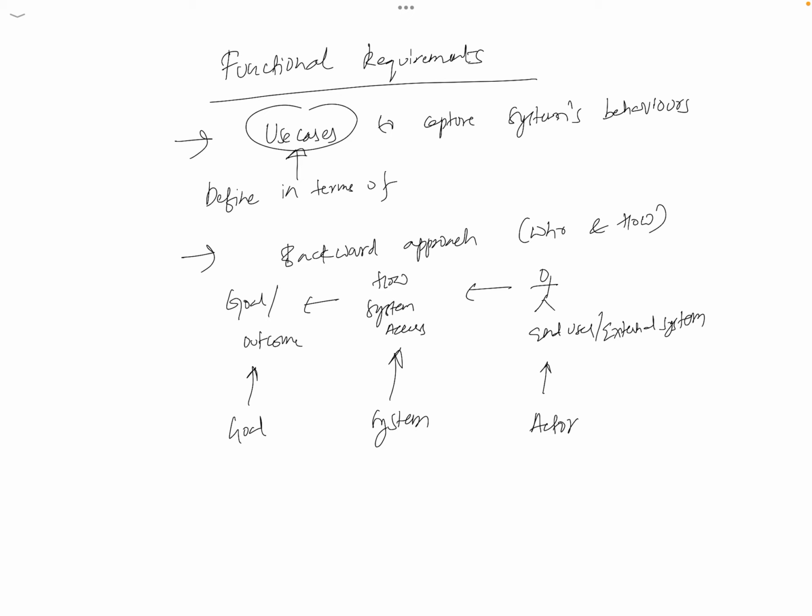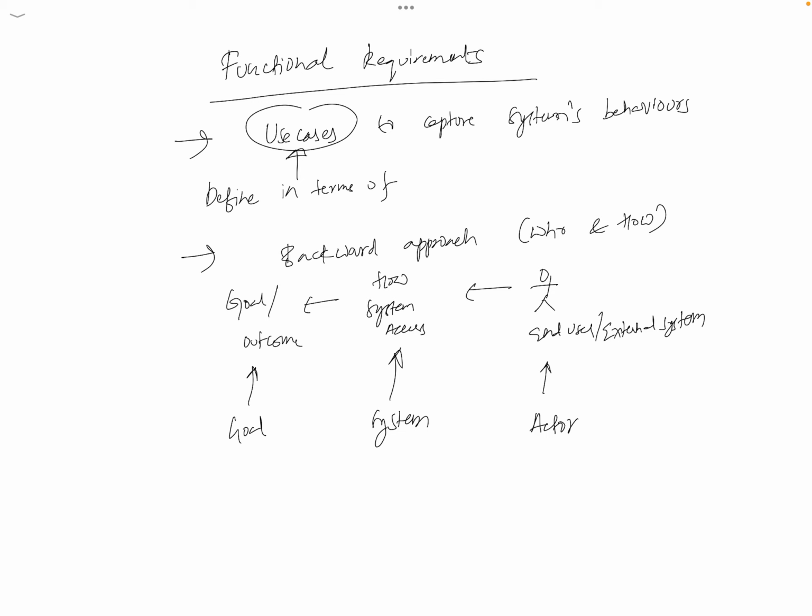There is a success scenario which would define the desired outcome out of the system by the end user, and there can be some alternative extensions or flows which would identify the failure scenarios. But overall, if we define our requirements in terms of use cases, this is how it's going to ease our job of capturing the functional requirements.